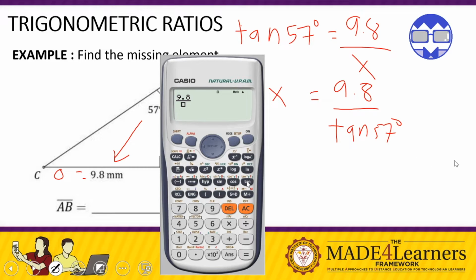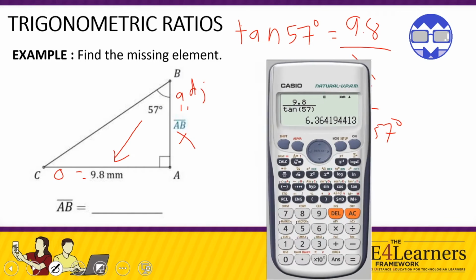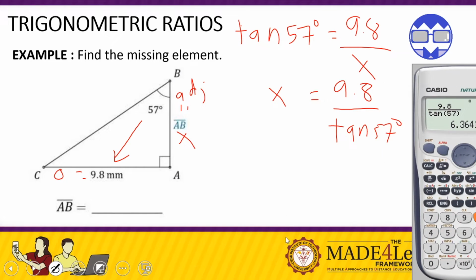So we have tangent of 57, close parenthesis, and this will give us 6.36. So we have our answer as 6.36.